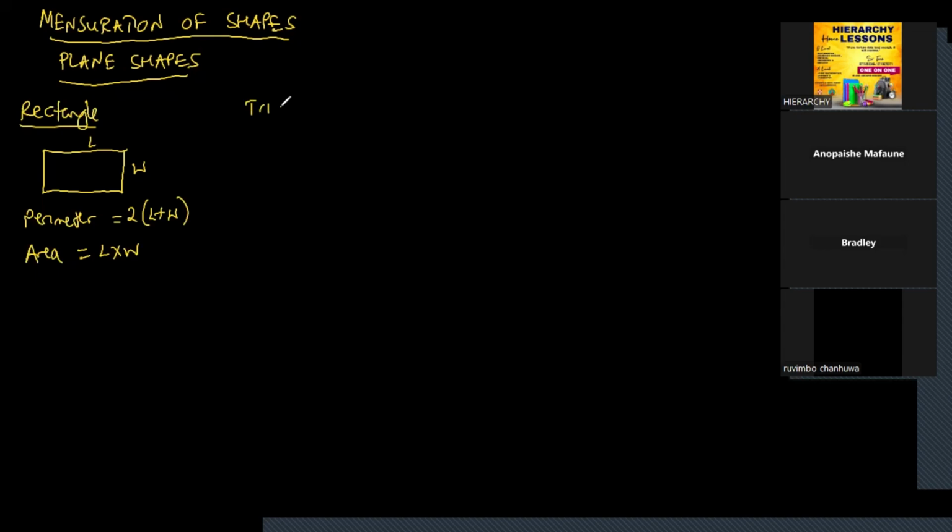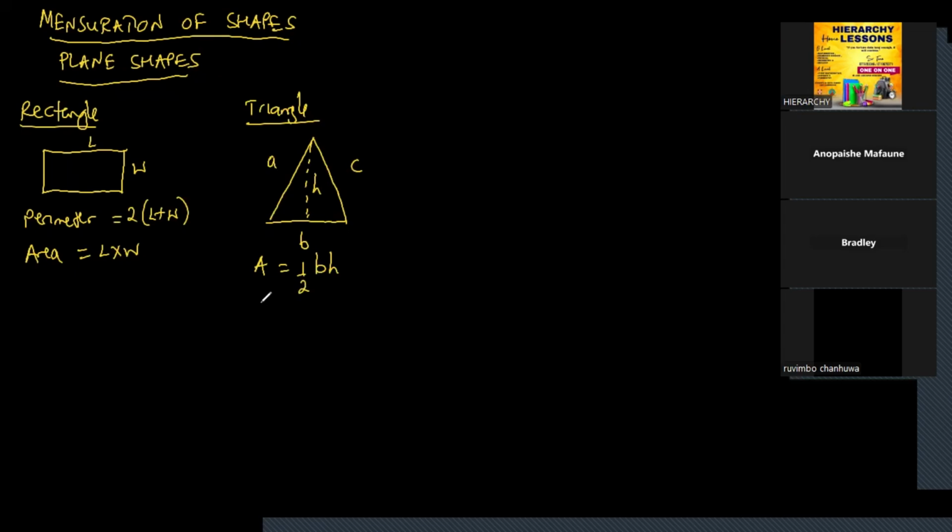And then for a triangle, if we have a triangle like this, then this is the height. And then let's say this is side A, this is side B, this is side C. So we know that the area of a triangle is equal to half base times the height, if we're given the base and the height.